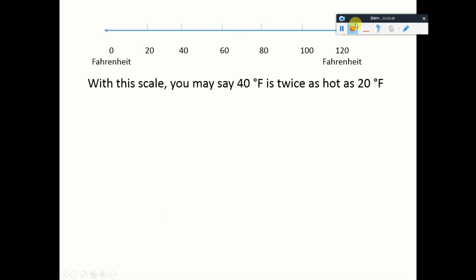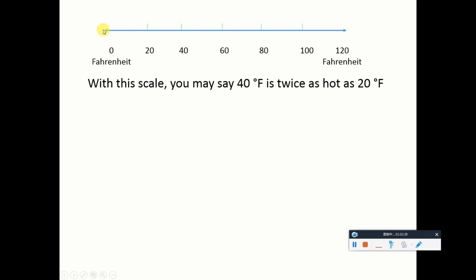So, with this particular scale that has 0 as the starting point, we could say that 40 degrees Fahrenheit is twice as warm as 20 degrees Fahrenheit because 2 times 20 is 40. So with this particular scale, we could say that.